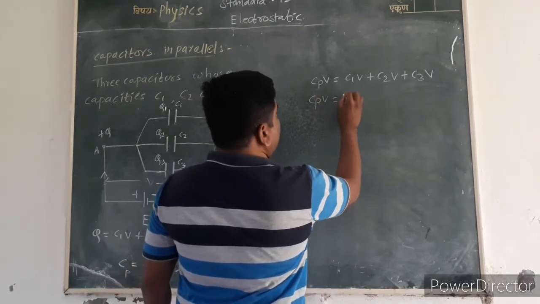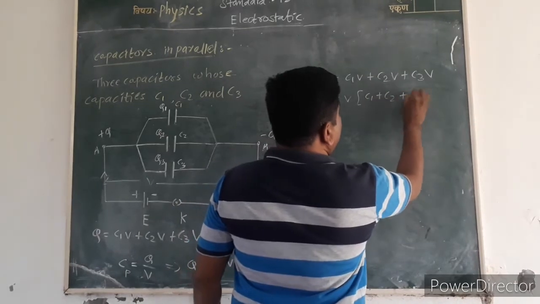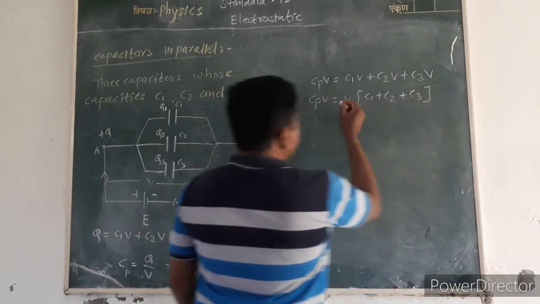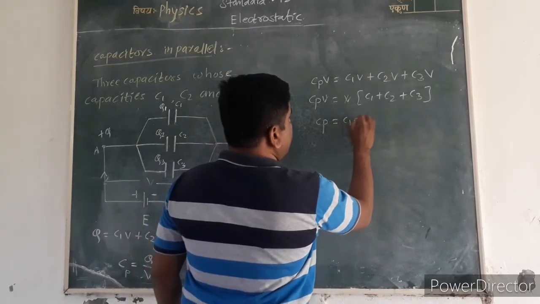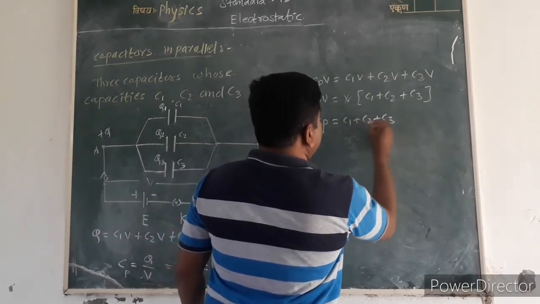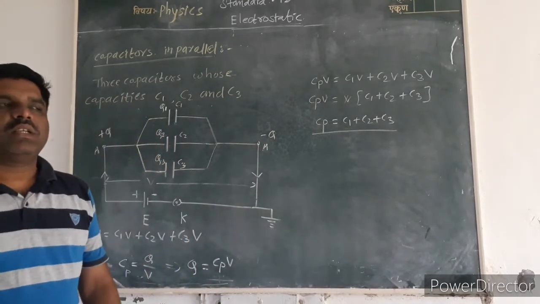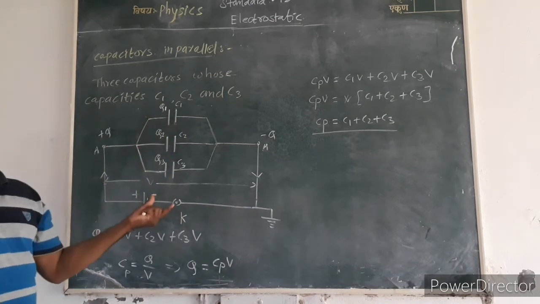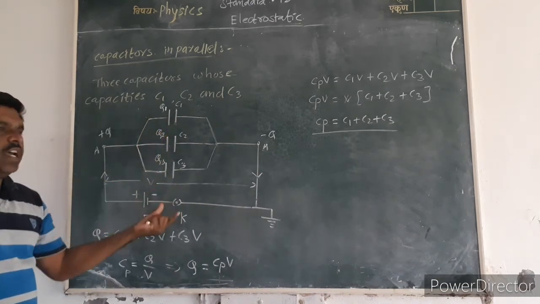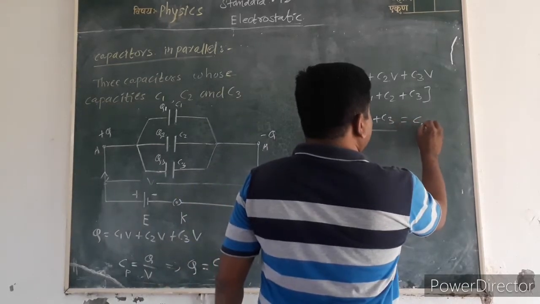CpV is equal to V common, C1 plus C2 plus C3. We cancel V, therefore Cp is equal to C1 plus C2 plus C3. This equation gives the resultant or equivalent capacity of these three capacitors when they are connected in parallel, or we call it C equivalent.